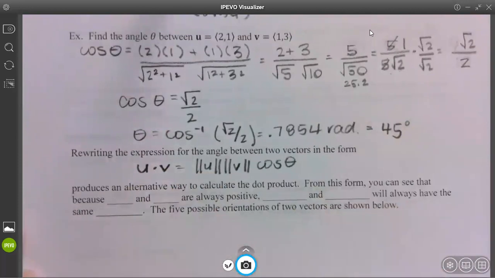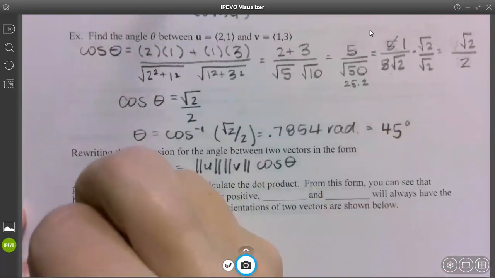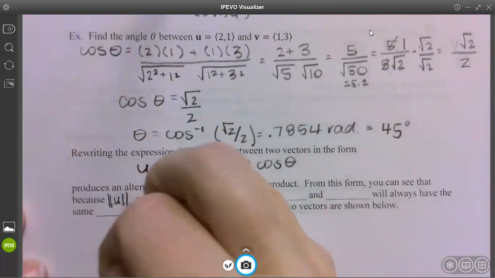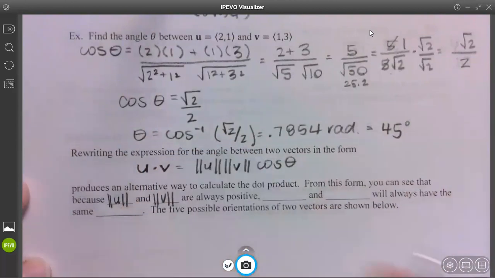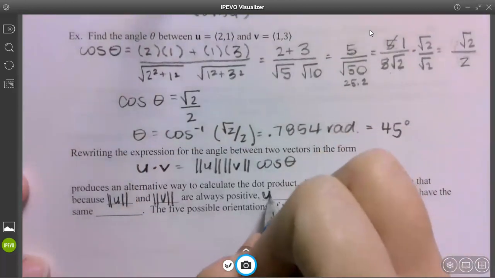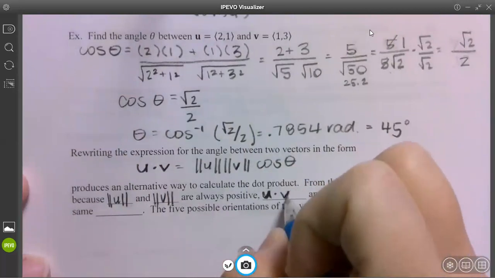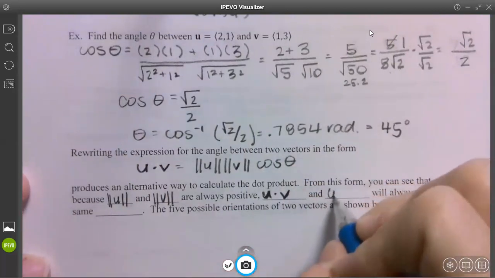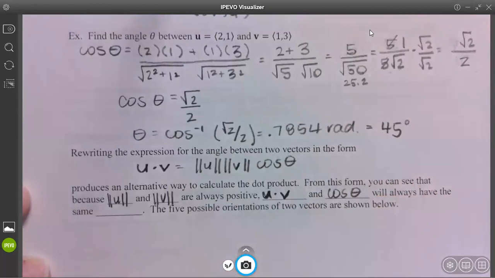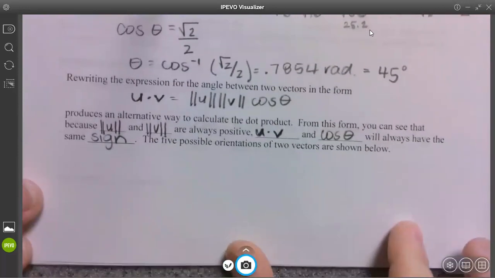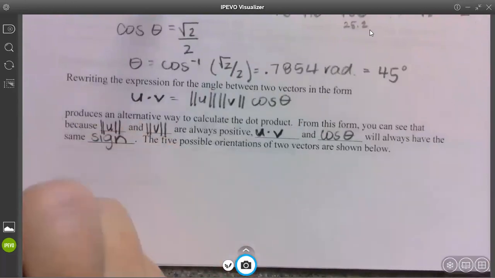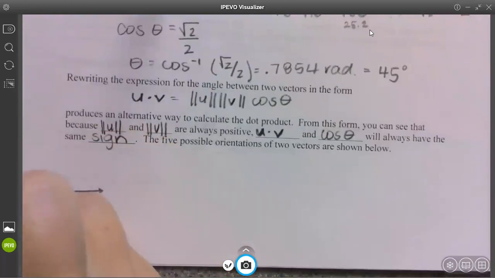From this form, you can see that because the magnitude of u and the magnitude of v are always positive, u times v and cosine theta will always have the same sign. The 5 possible orientations of two vectors are shown below. I'm going to draw these out, don't flip yet. So the first one that you have looks like this.